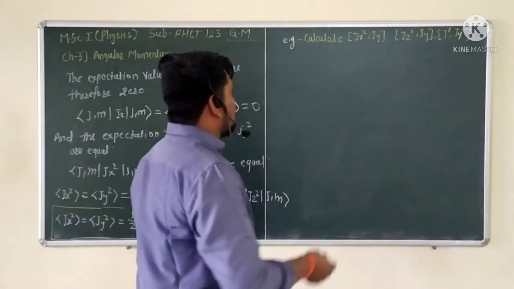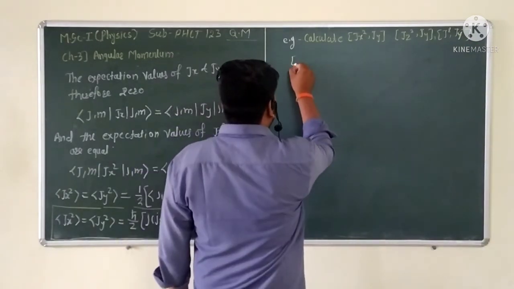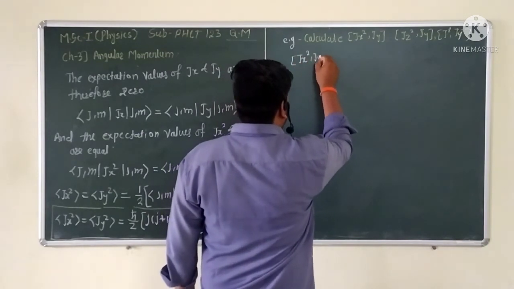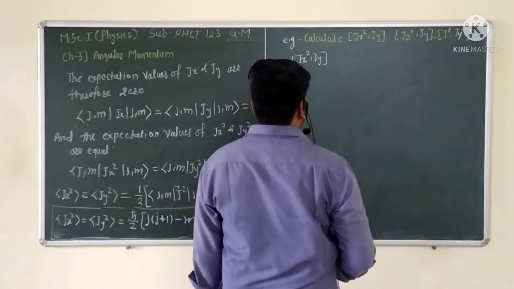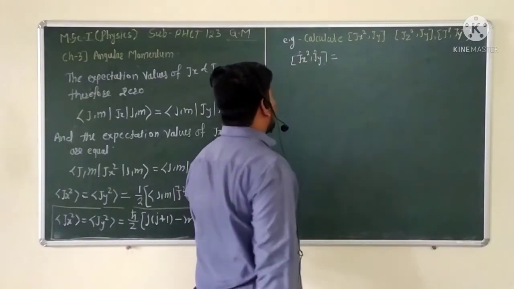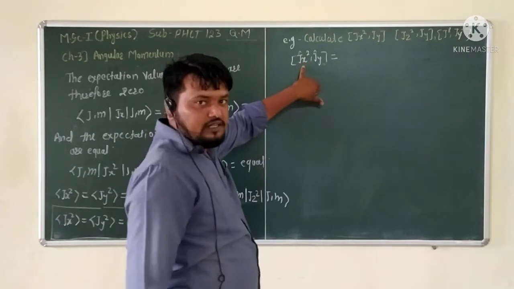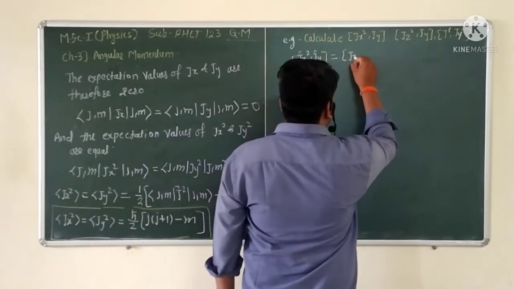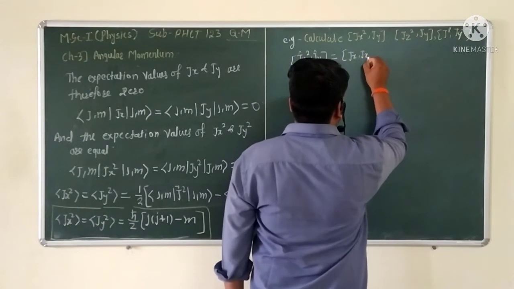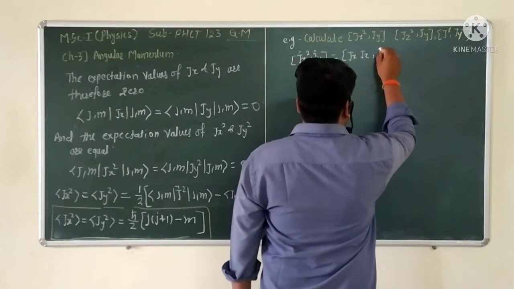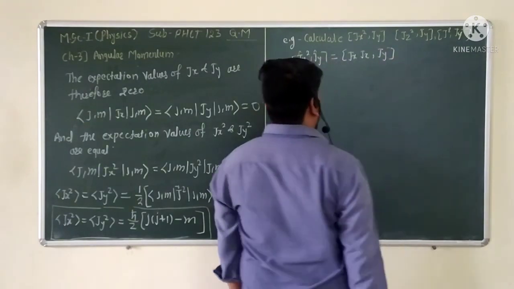Okay, take the first commutator bracket, [Jx², Jy]. You know how it is split: Jx² is JxJx, so [JxJx, Jy].